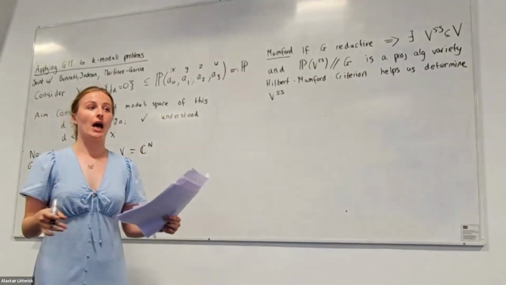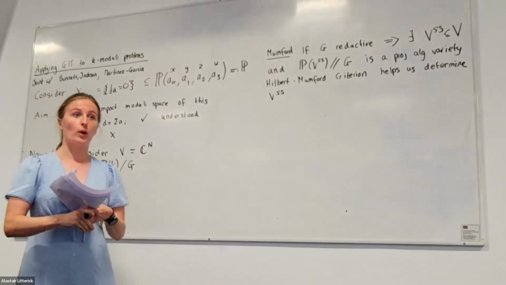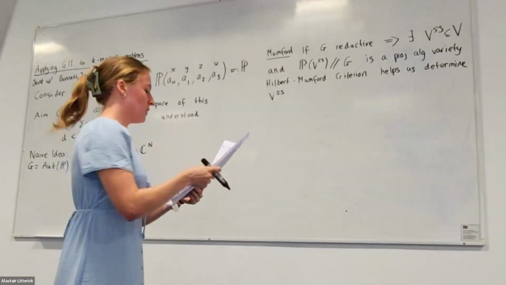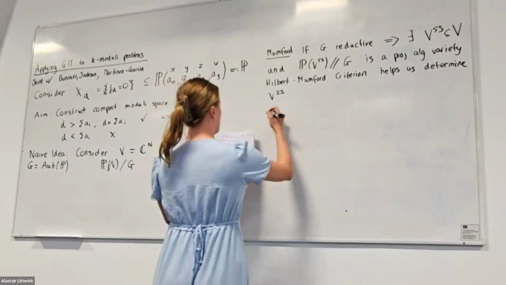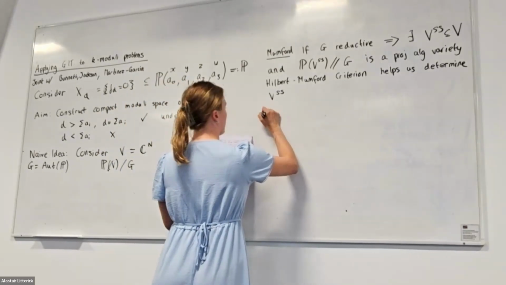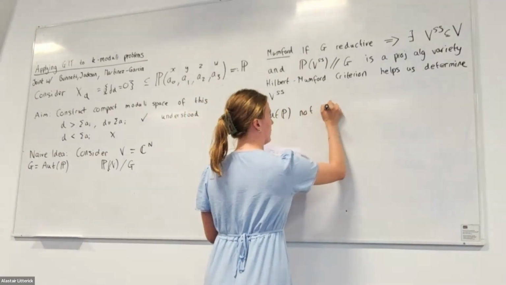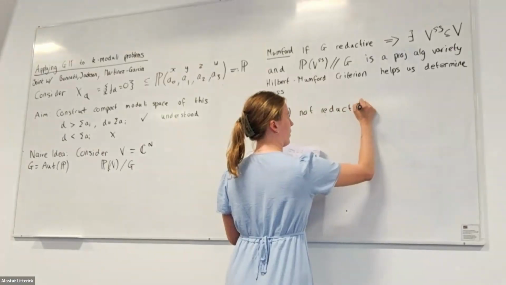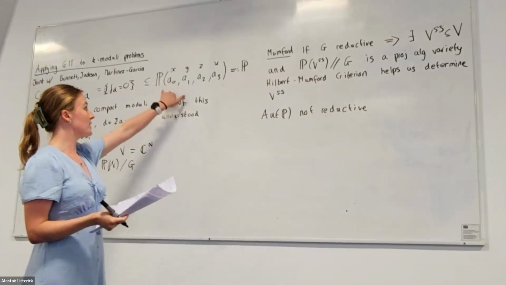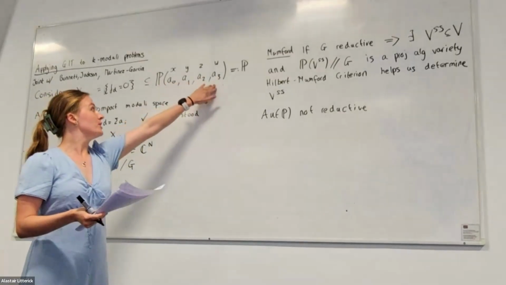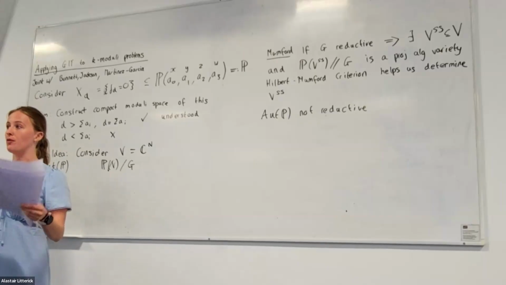Now, for our case, we run into some problems because our automorphism group is not always reductive. This happens when there exists a weight such that we can write it in terms of a sum of the other weights.